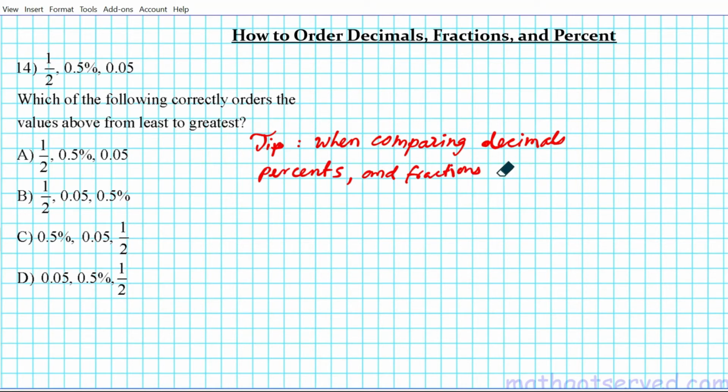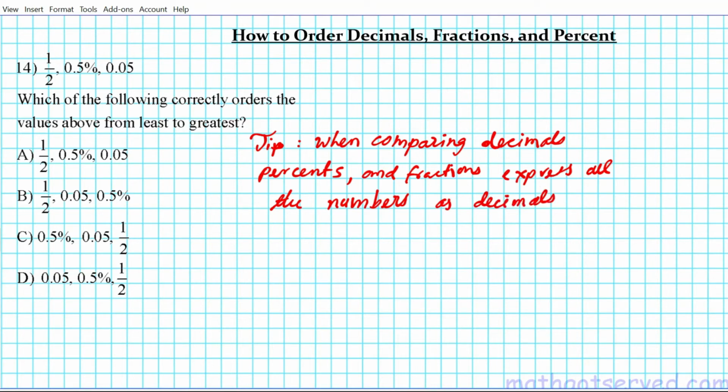You want to express all the numbers as what? Now guess which is the easiest one to work with? Decimals, fractions, or percent? It's decimals. Express all the numbers as decimals. That's the easiest one to compare with.